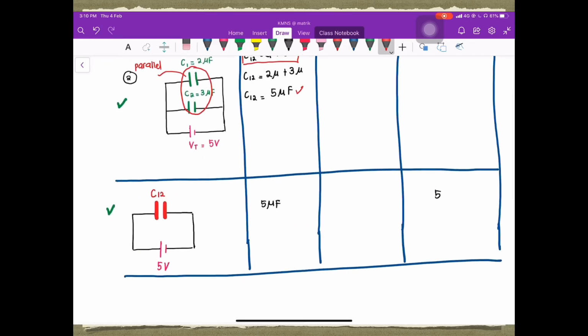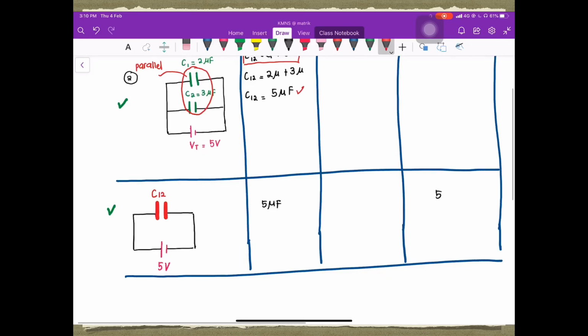After that, we need to draw a new circuit to show the combination of C12, labeled as 5 microfarad.